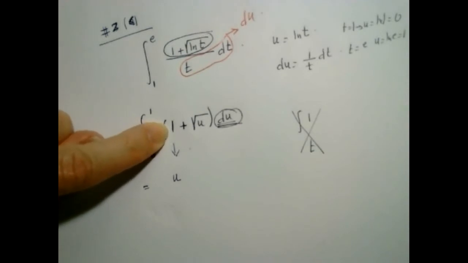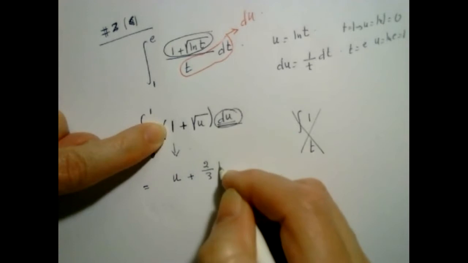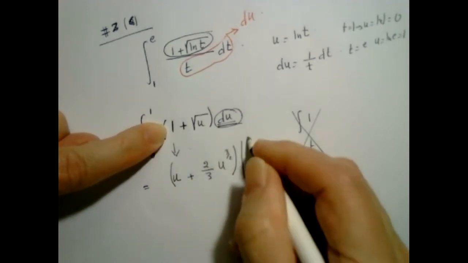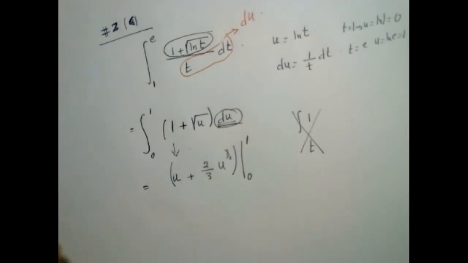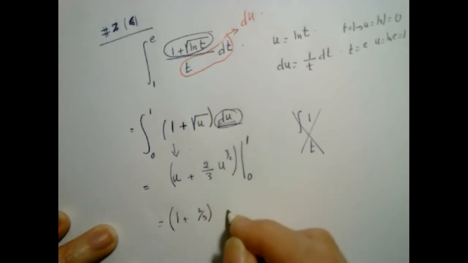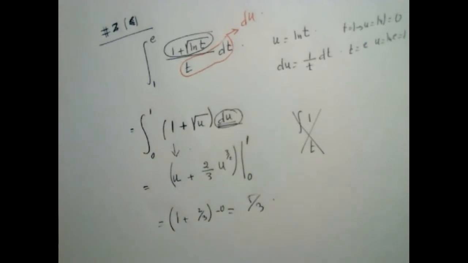So the antiderivative of 1 becomes u. The antiderivative of square root of u, no problem with that. Evaluated between 0 and 1, and then the rest becomes fairly simple. So it's 1 plus 2/3, minus 0, which is 5/3.